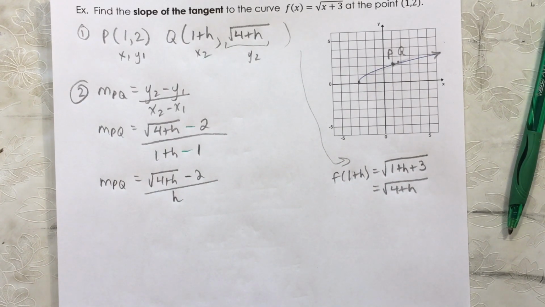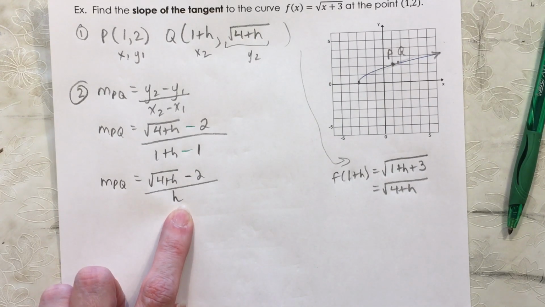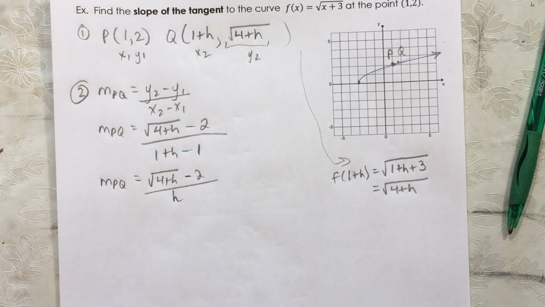So if we thought that this was as simplified as we could get, we'd have a problem, because we can't let h approach 0, because then the denominator approaches 0 and we can't divide by 0. So there's got to be a way to divide out this, I call it the problematic h. We have to be able to divide this out somehow. And we haven't done this before, so this is a new technique.